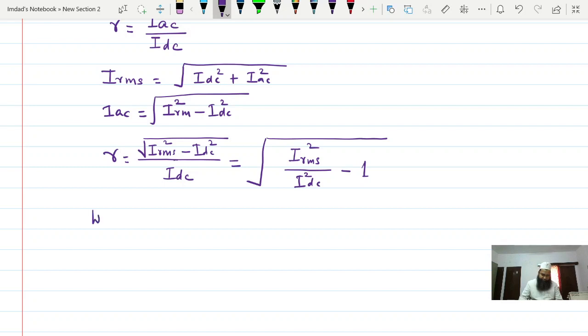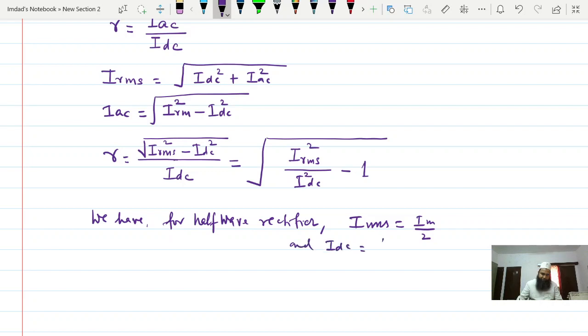Yes, we have for half-wave rectifier I RMS equal to Im by 2 and I DC equal to Im by pi.